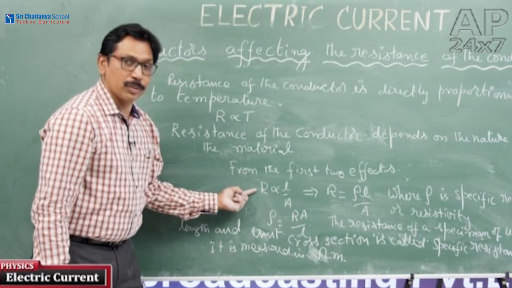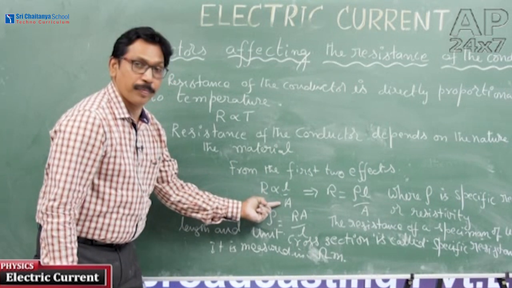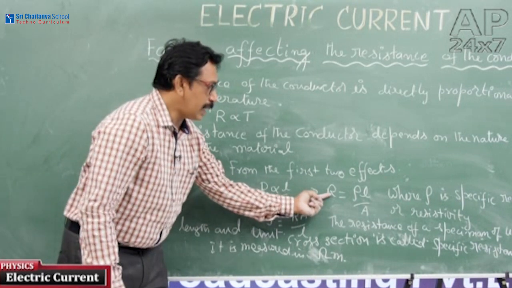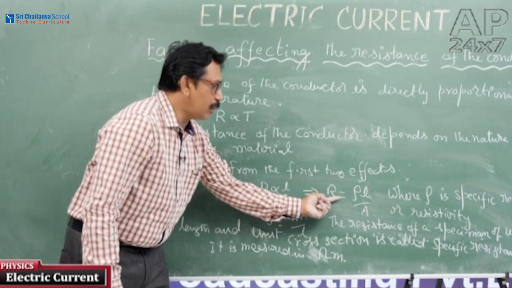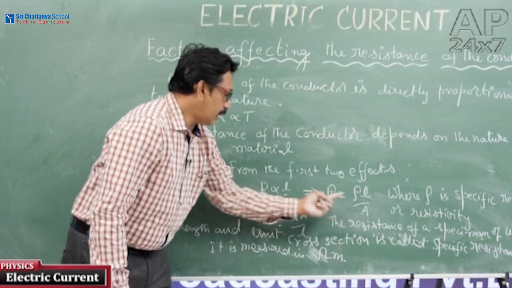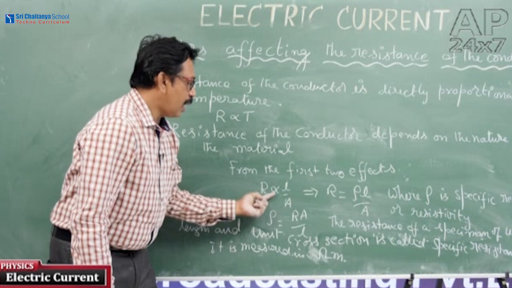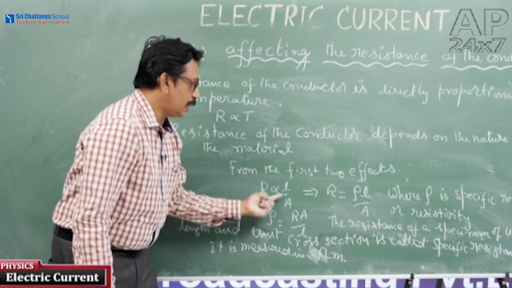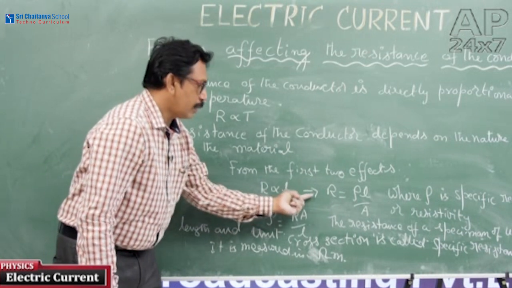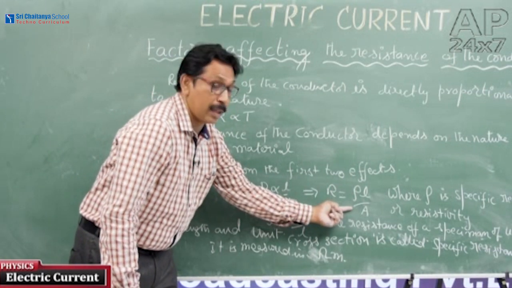Joining the first two effects, I got R is directly proportional to L by A. That implies R is equal to rho L by A.